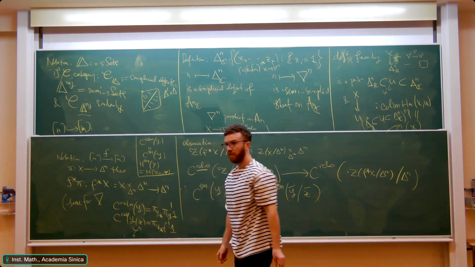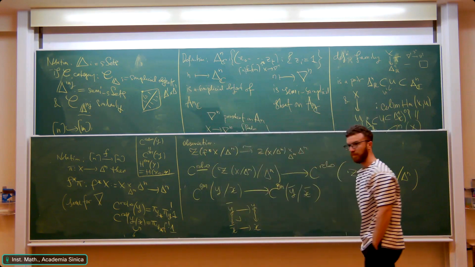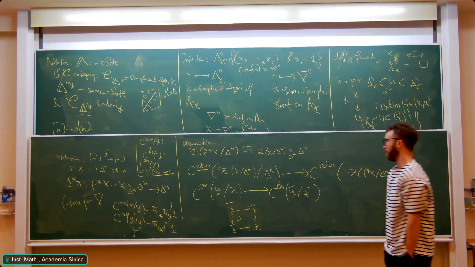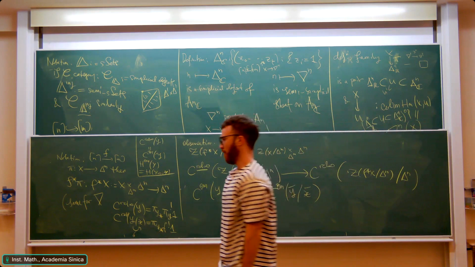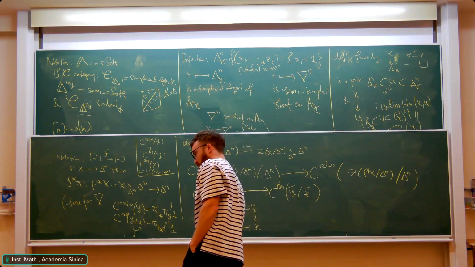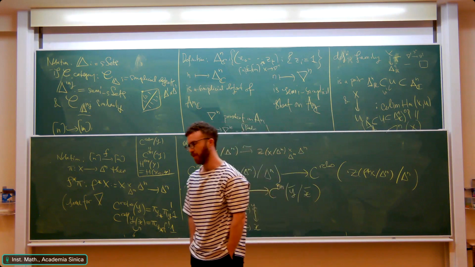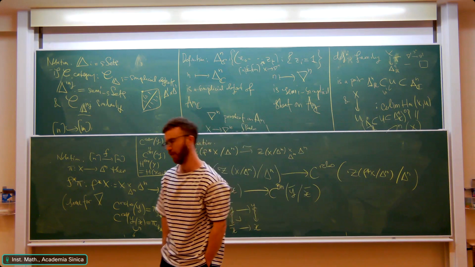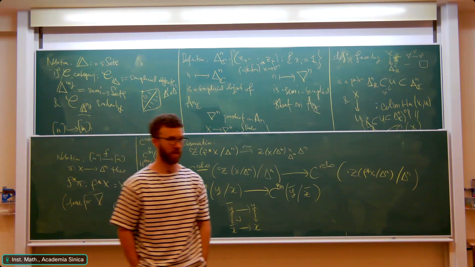This one's relative because it's all fiber squares, and absolute is actually not a fiber square. Working everything relative to a point is kind of harder in that sense, to get it from relative. Yeah, the functoriality would just be: when the map on total spaces is proper, then you have covariant functoriality, or open, and you have contravariant. Yeah. Right.